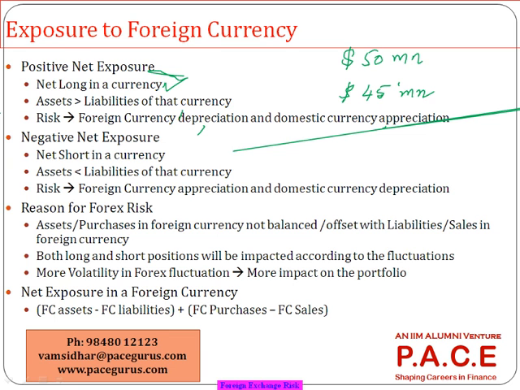If your raw material price goes up, your final sales price will also go up. So the kind of loss you are getting is pretty much minimized. So you have to make sure that the combination of the assets plus purchases in the foreign currency should be neutralized with liabilities and sales in the foreign currency. That is where we talk about the net exposure.